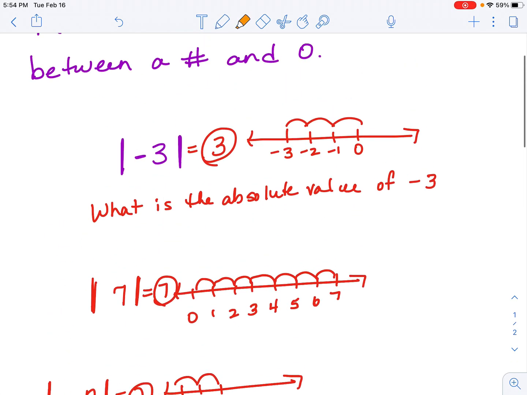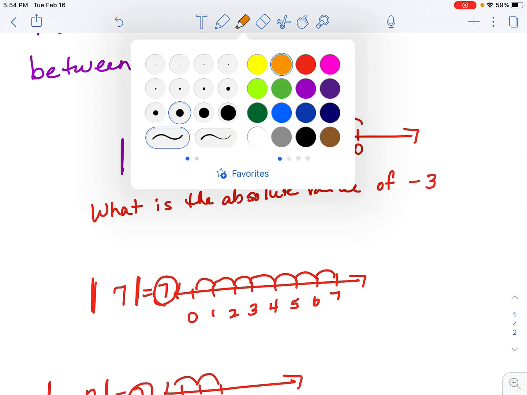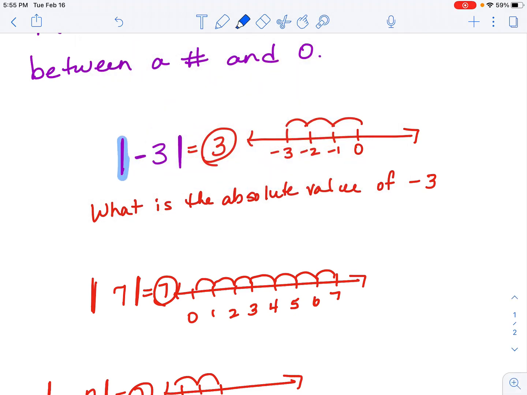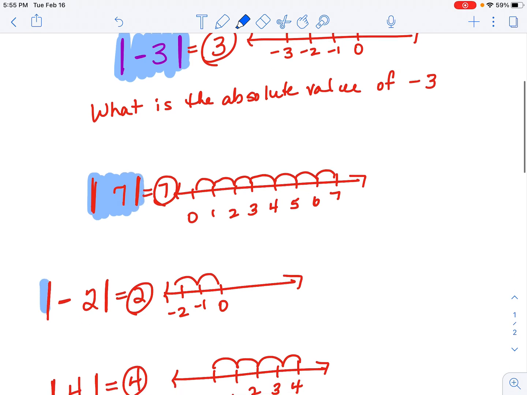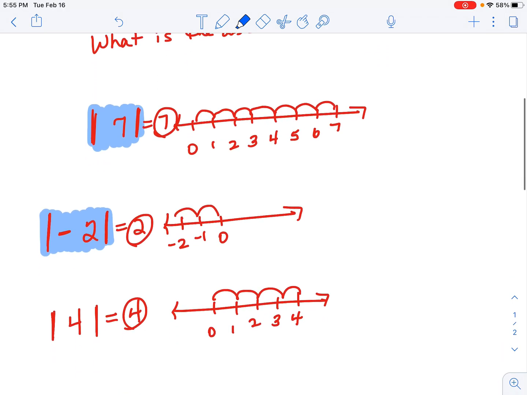Let's look. When this asks for the absolute value of 3, the answer was 3. And when this said what was the absolute value of 7, the answer was 7. When this said what's the absolute value of -2, the answer was 2.